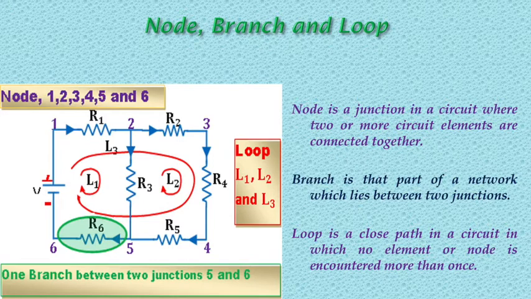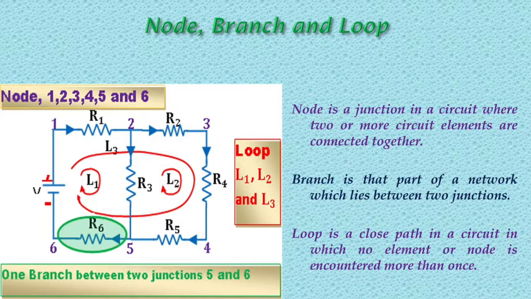Branch. A branch is the part of a network which lies between two junctions. One branch in between two junctions, 5 and 6, is highlighted in the figure. The number of branches in the figure is 7. Loop.